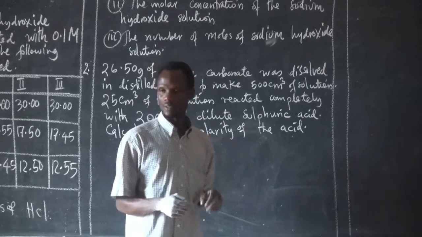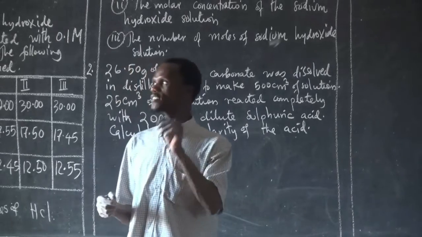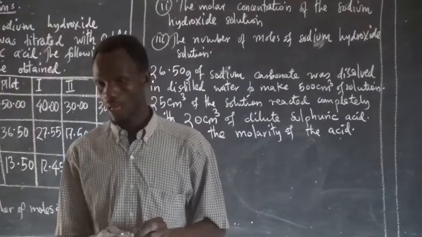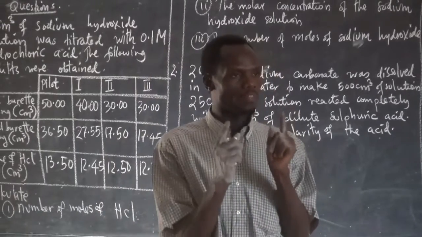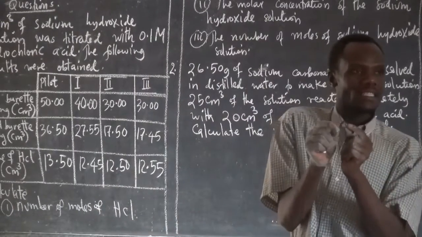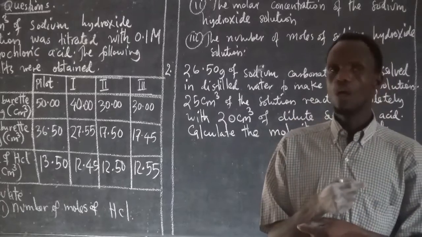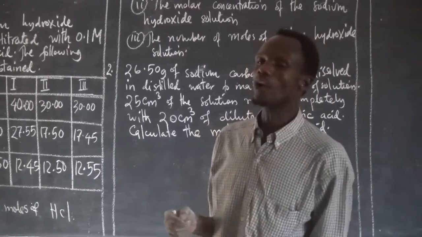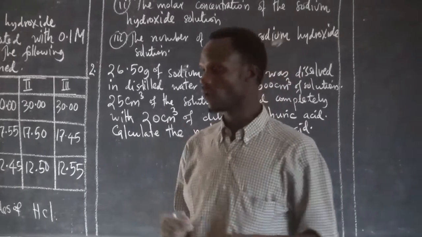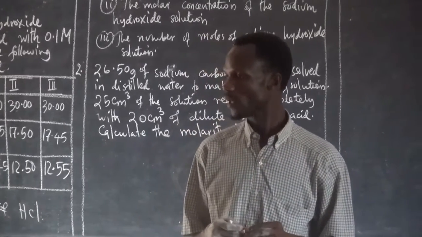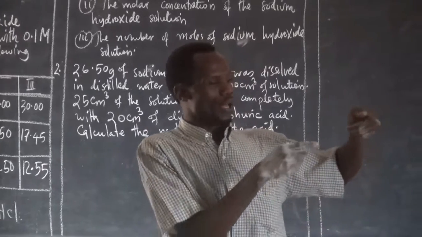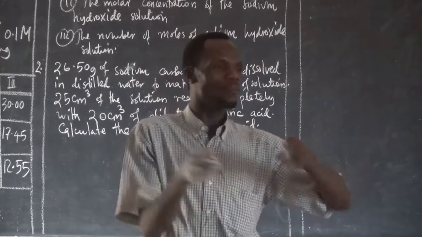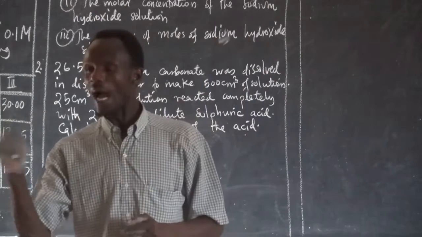This is acid-base titration. But remember one thing: when base and acid are reacting, we must have the equation, and that is called the chemical balanced equation for the reaction. The reaction between an acid solution and a base solution gives salt and water.